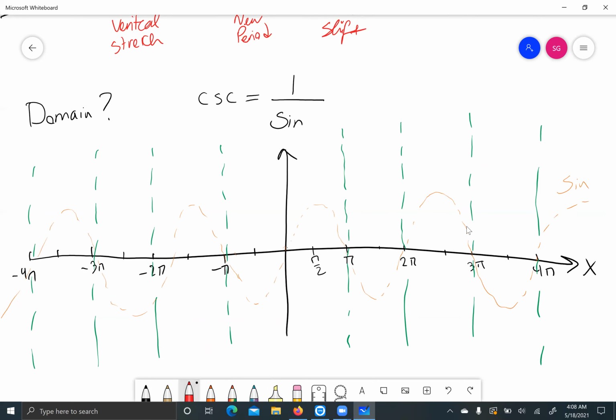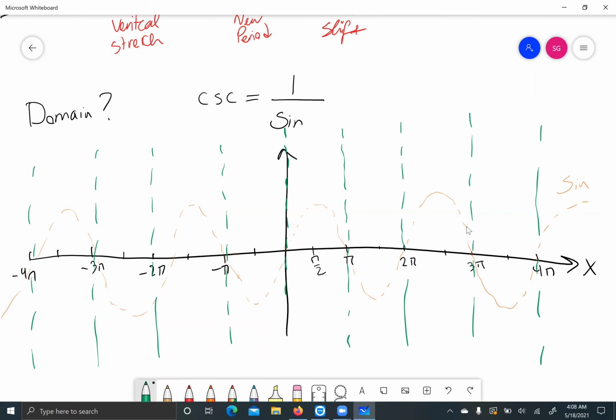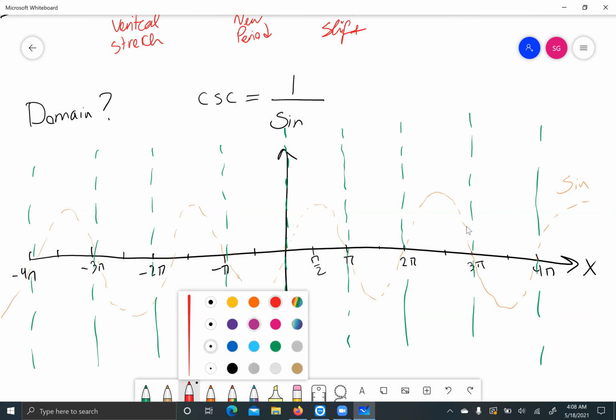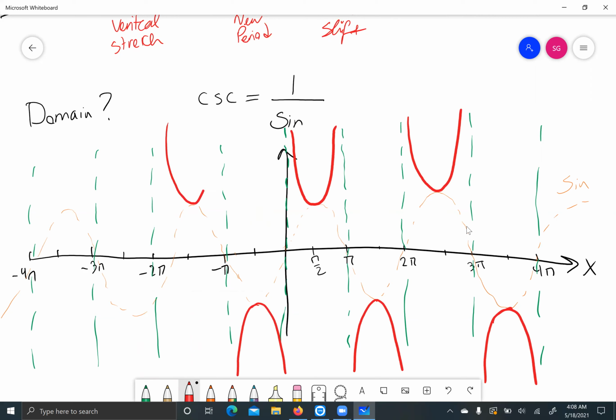So cosecant is going to be like this. Oh, by the way, I forgot another vertical asymptote at 0. We also have a vertical asymptote at 0. So it's going to be like this. This is the graph of cosecant, right?